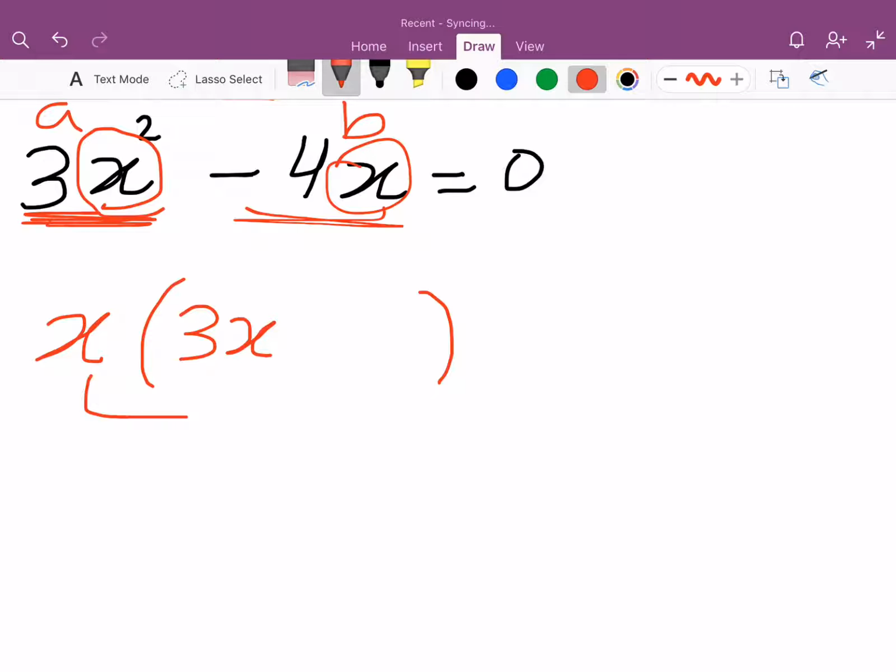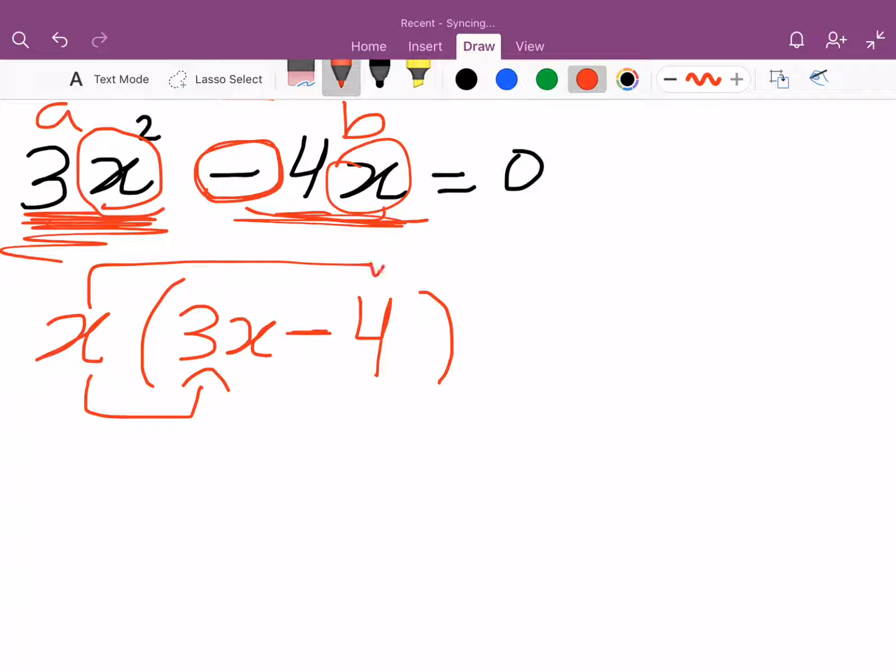So x multiplied by 3x is 3x squared, minus, because I have a minus here, and then I want 4x, so I just write 4 because x times 4 is 4x.